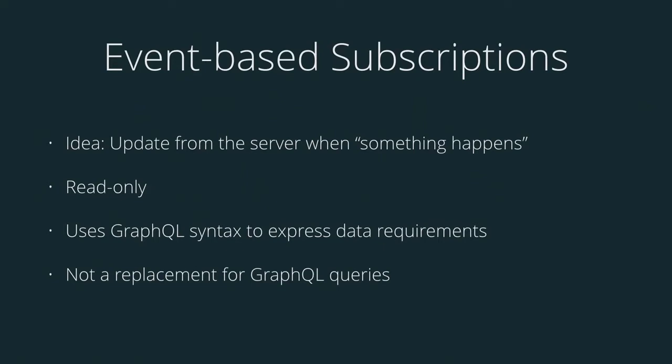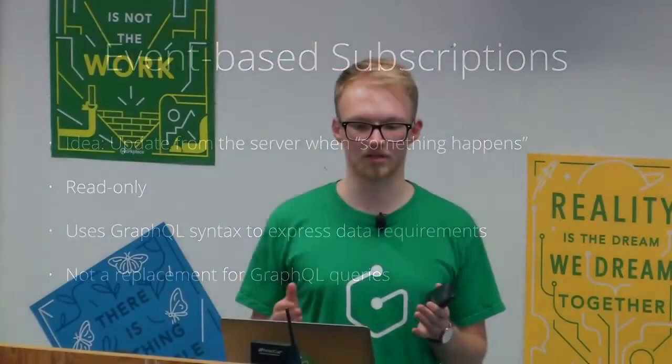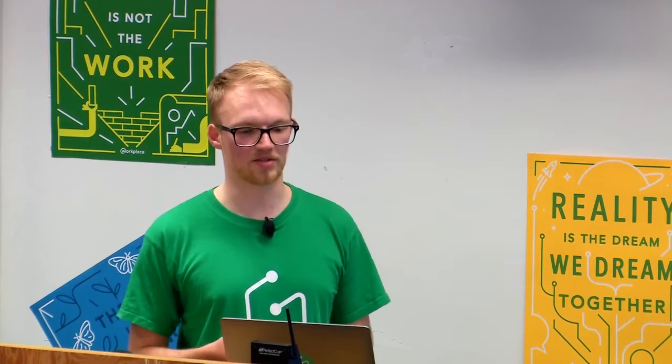The server pings you, hey, this event has happened. And the cool thing about GraphQL subscriptions is that you can let the server know, I'm interested in this kind of information by specifying a GraphQL query, and you get back data of this shape. So we're combining the best of two worlds. One is real-time, and one is GraphQL queries, and we get event-based subscriptions.